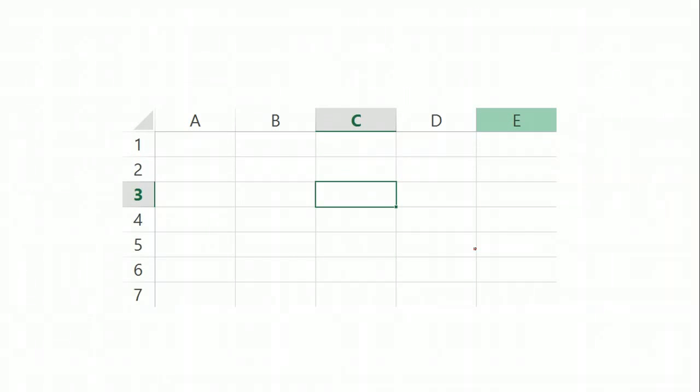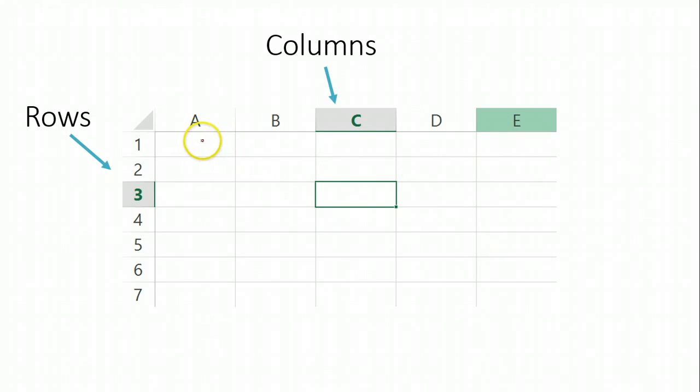So when we first look at a spreadsheet software program, the very basics of it is that it's arranged by rows and by columns. In Excel, you'll notice that the rows are arranged by number, and they're going up and down vertically, and the rows, in fact, span across horizontally.